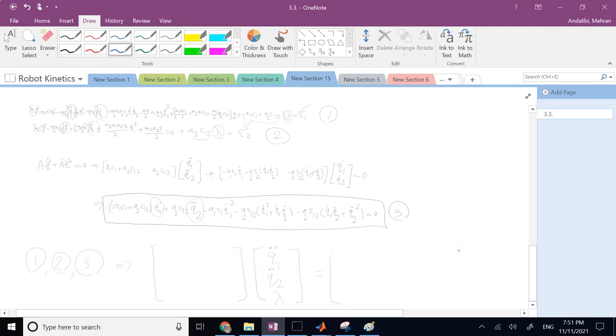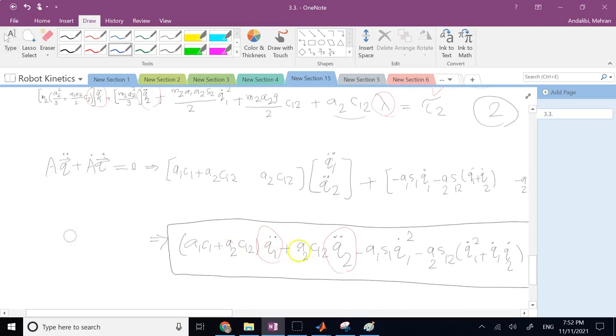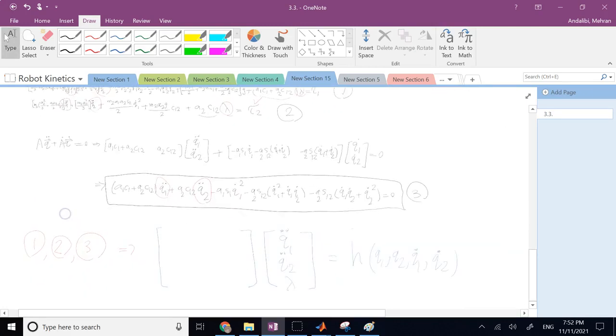And what is this right hand side? This right hand side is going to be some general function h of q1 and q2 and q1 dot and q2 dot. Right, and the coefficient matrix, if you look at the terms multiplied by the double dots, they are just functions of q's.